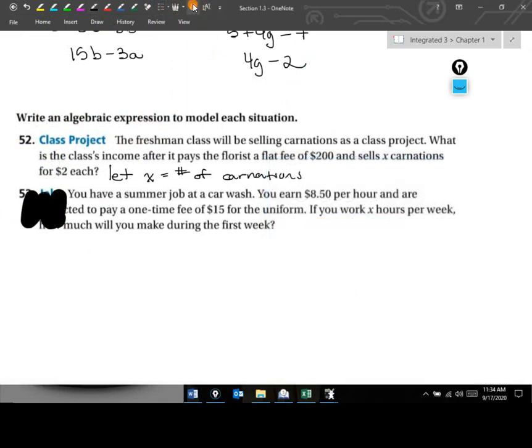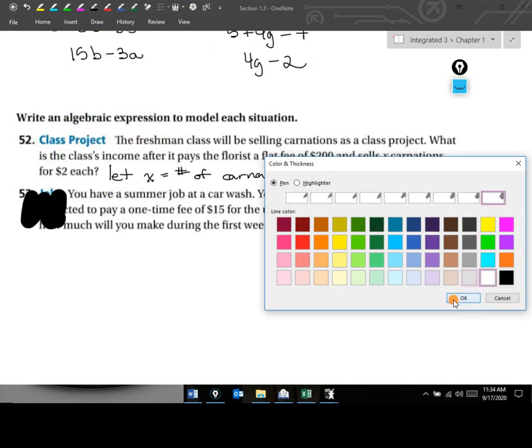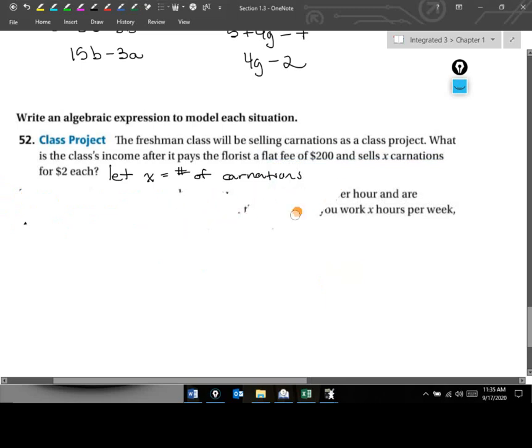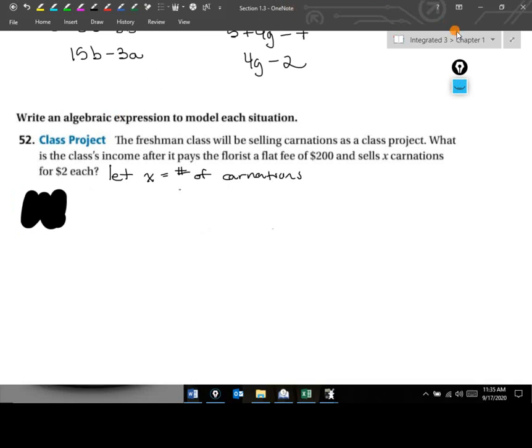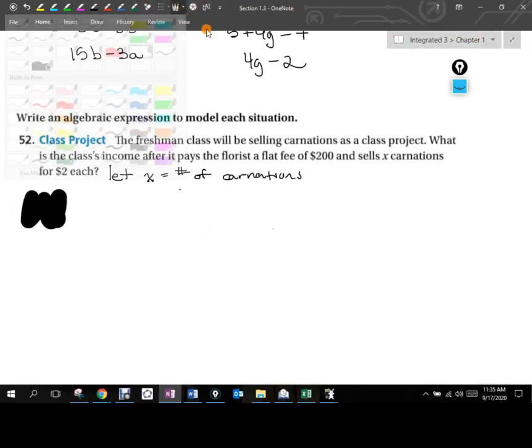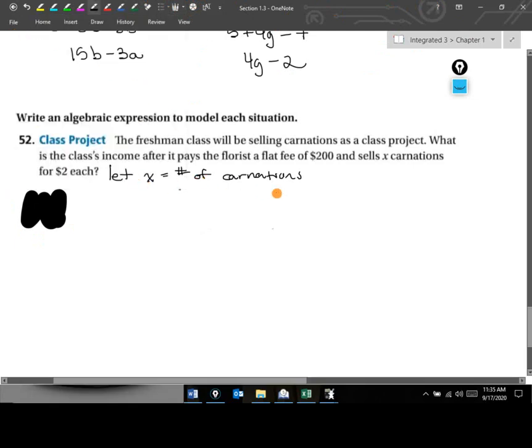Just trying to give myself some more room here. So if I let x equal the number of carnations, okay?